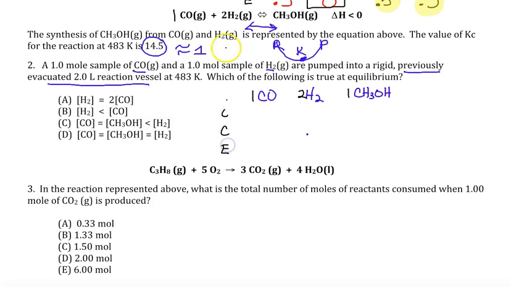Now let's see what it says. How much do we have? We have a 1 mole sample of CO, so there's my 1. Remember, it has to be in moles. Grams would not work here. 1 mole of H2. And because it was pumped into a previously evacuated or empty container, we have nothing of the product yet. So if you think about my U, I'm starting where?